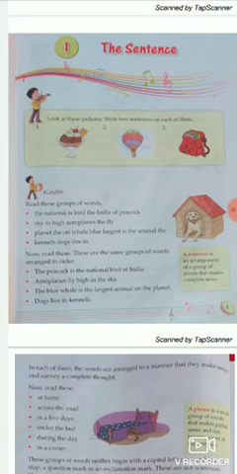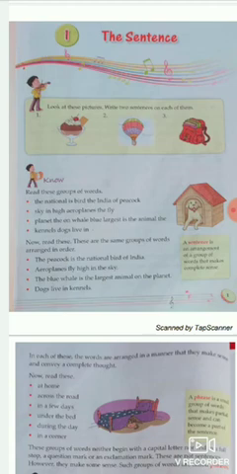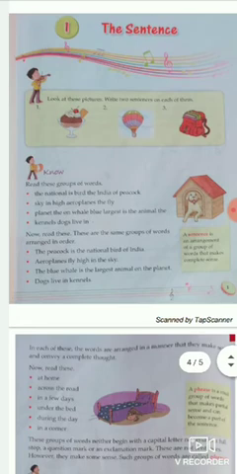But if we say A, B, C, D, E, F, G, H, I, J, K, L, M, N, O, P, Q, R, S, T, U, V, W, X, Y, Z, then it is an alphabet, because this is a group of letters, that is A to Z. Okay, so students, now we should know that letters are divided into 2 parts. First is vowel and second is consonant.